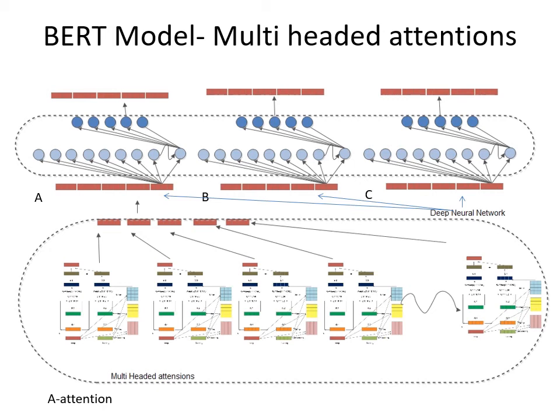The exact dimension of the embedding layer is 768, and each attention generates an embedding with 64 dimensions. Each word then enters a deep neural network and executes in parallel until it gives the input to the next BERT transformation layer.